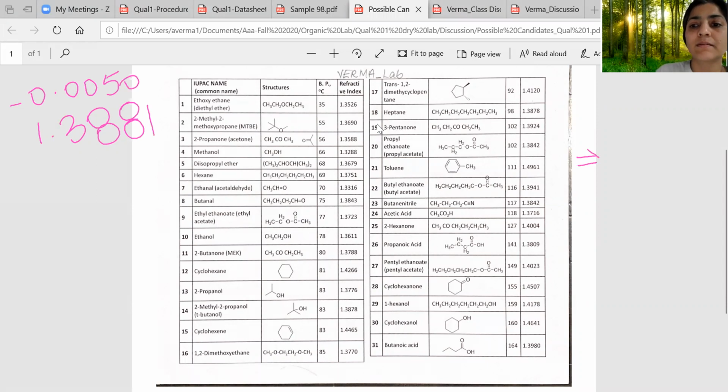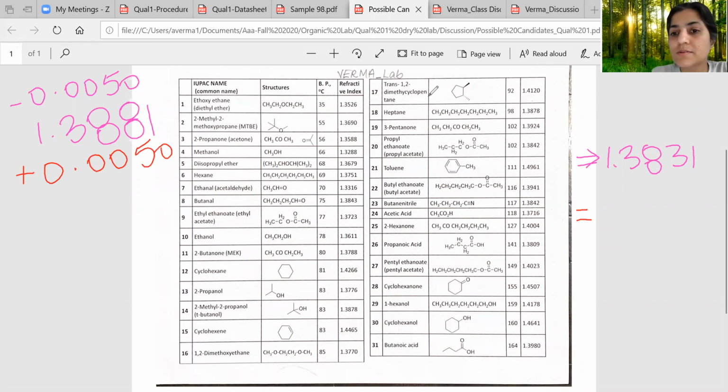This will give me 1.3831. 8 minus 3. And so I will also have to add 0.0050 to get 1.3931.